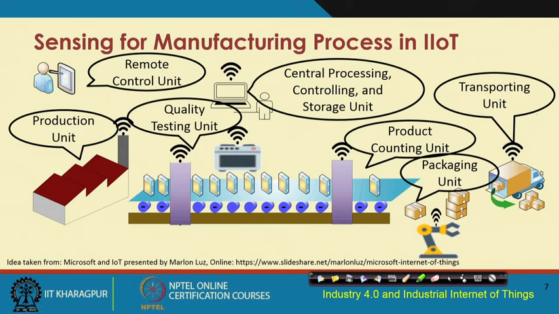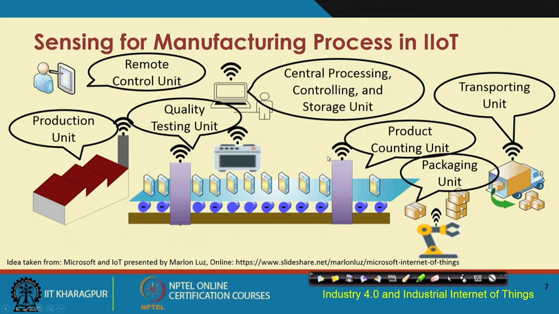So, what did we see? We saw that these are the different components of a smart manufacturing plant, and as you can see, these all have different sensing units in them, and not only sensing units, but these units can also talk to each other.